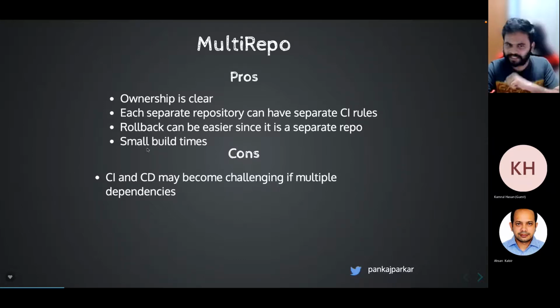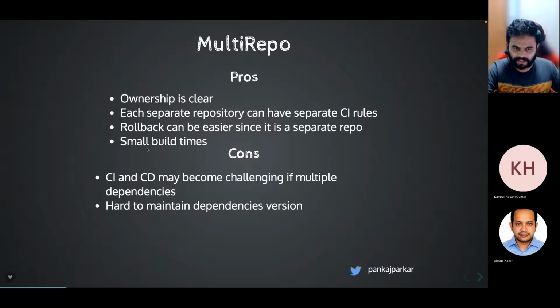That becomes very challenging in the multi-repo case. Also, it is very hard to maintain the dependency versions. You have to keep an eye on it. For example, with a front end using Angular 13, you cannot use TypeScript 3.x, because it may throw an error. So you also have to make sure that the dependencies are properly managed.